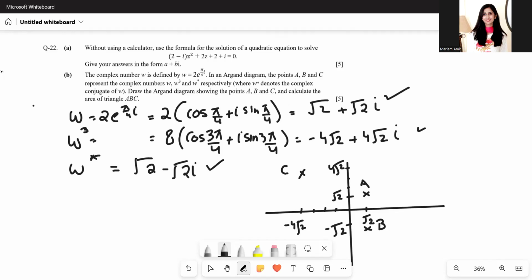All right. Now we need the area of triangle ABC. So we're going to use half times base times height. So half times, this would be the base. What is this? This is square root of 2 above 0 and square root of 2 below 0, so it's going to be 2 square root of 2.